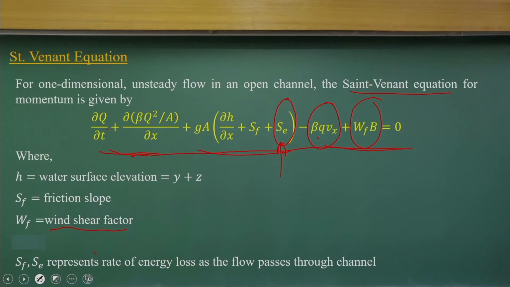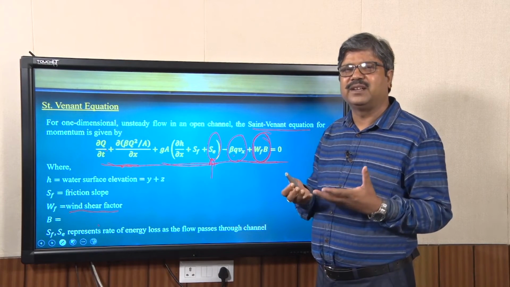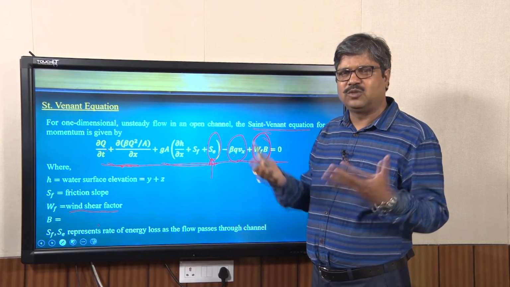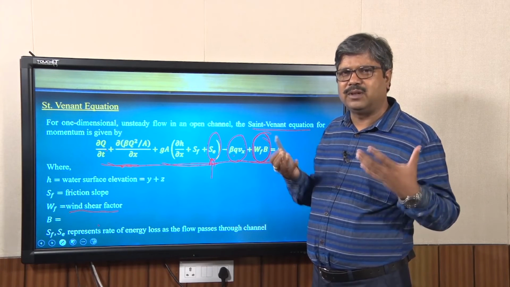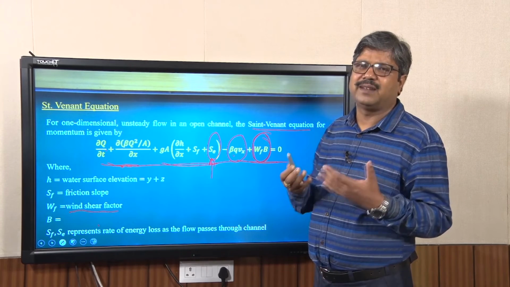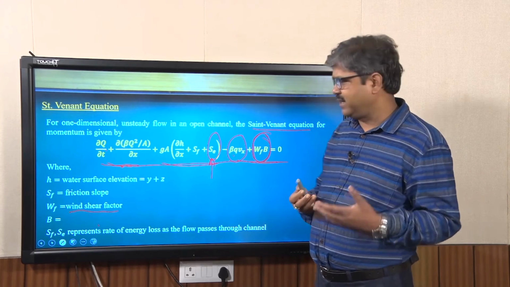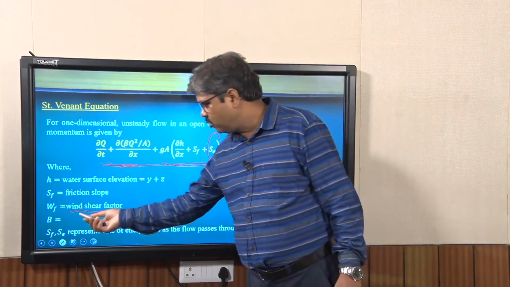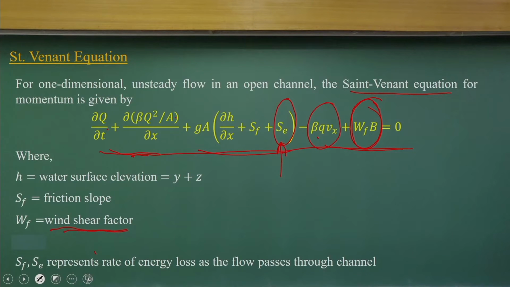We have considered the momentum flux because of lateral flow. We also consider the force, or the energy, acting if there is wind force over the rivers, which is mostly significant when you have big reservoirs. During high wind speeds there will be a certain quantity of force acting on that, so we can include these wind shear factors here to estimate it.